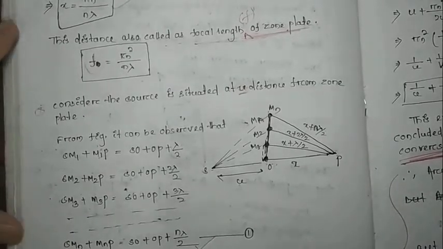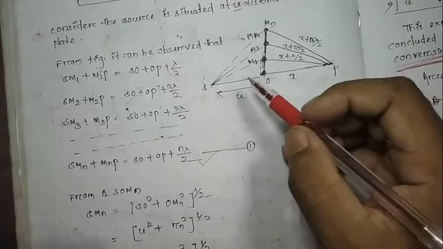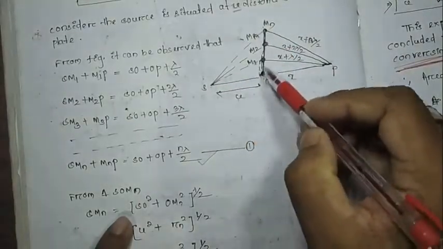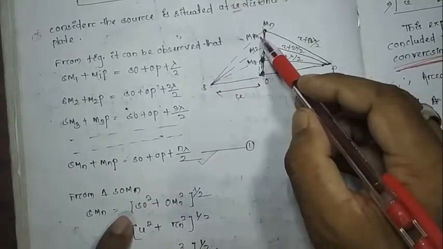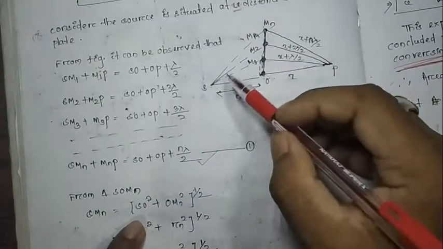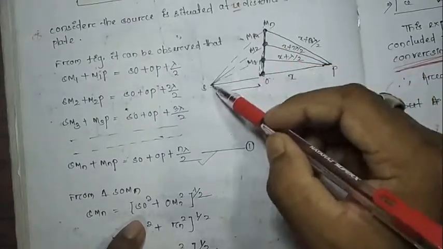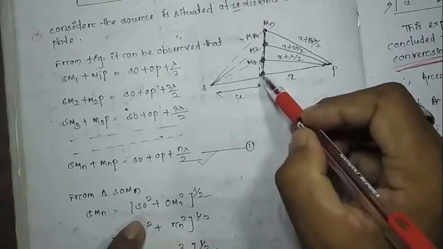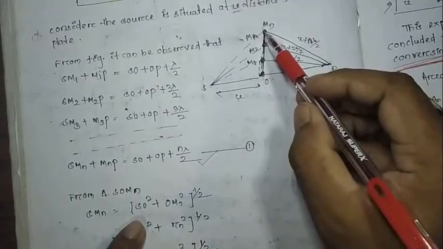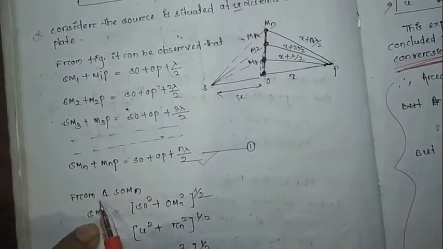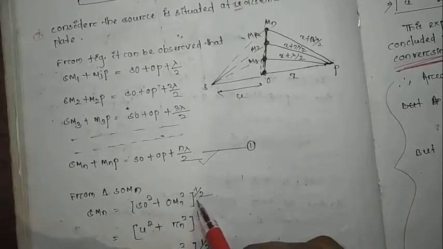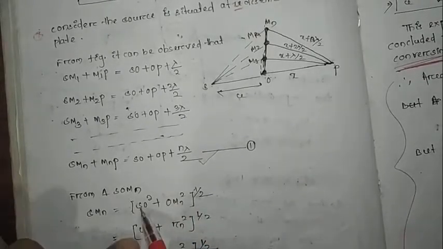Now from the triangle SOMn, which is a right angle triangle, the distance SMn will be root over SO square plus OMn square.